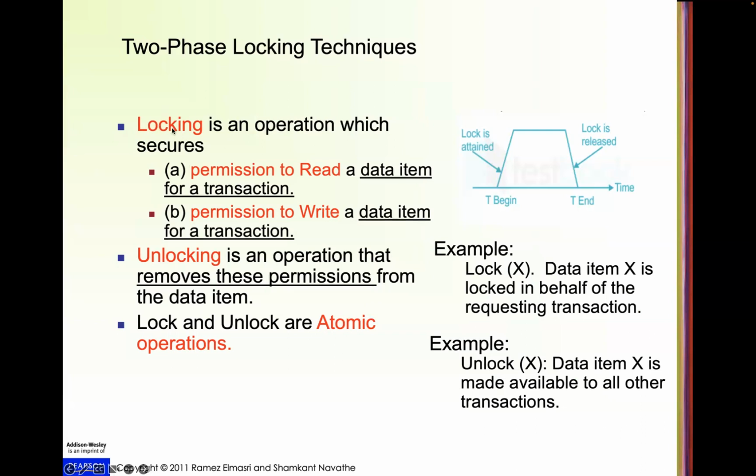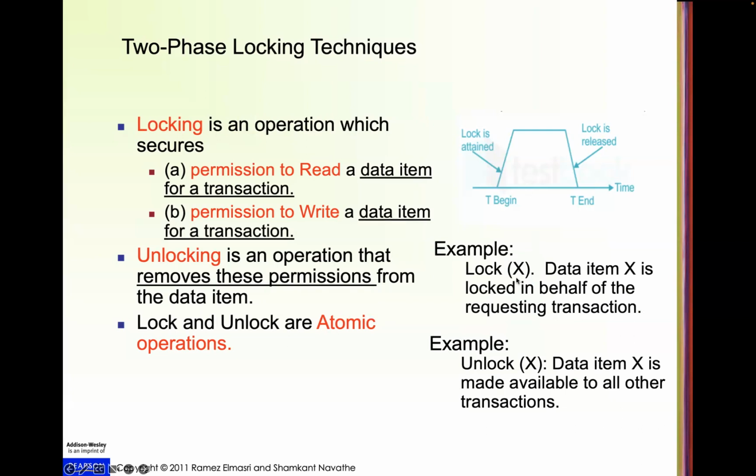Okay, now let us see what locking is. Locking is an operation of securing a read lock or a write lock, also called read permission or write permission, on a given data item for a given transaction. Here we take T1 as a transaction and X as a data item.